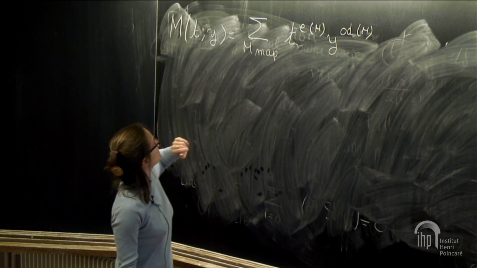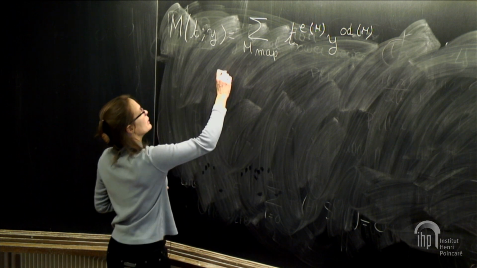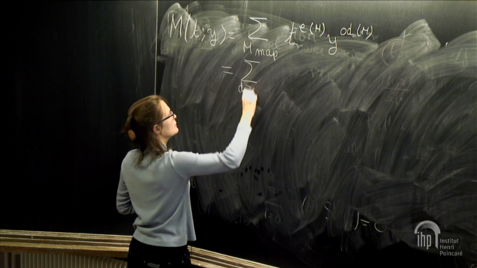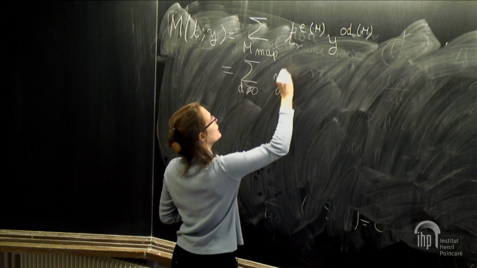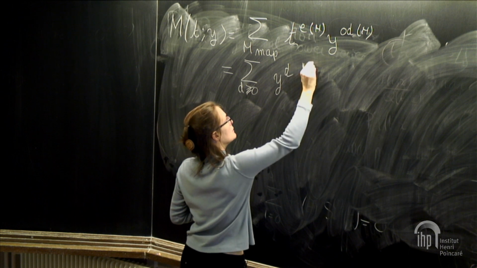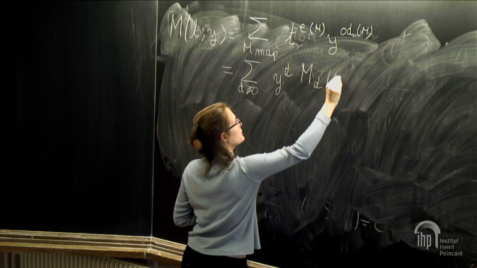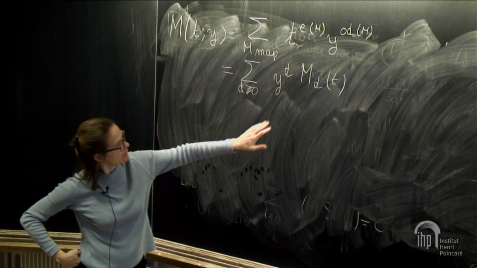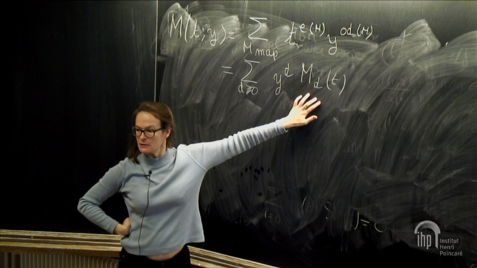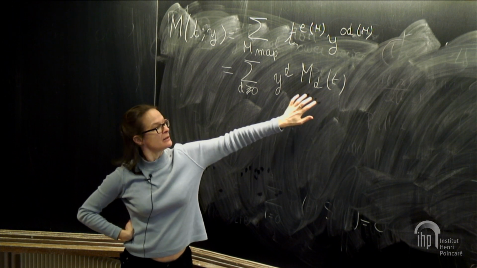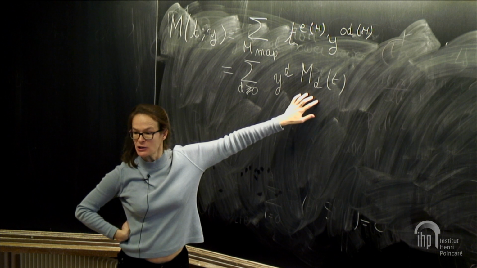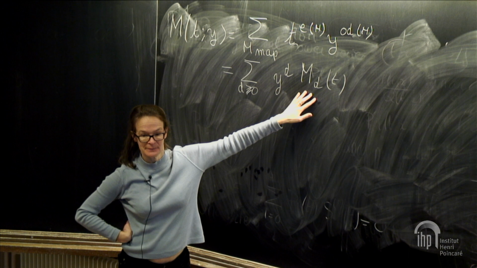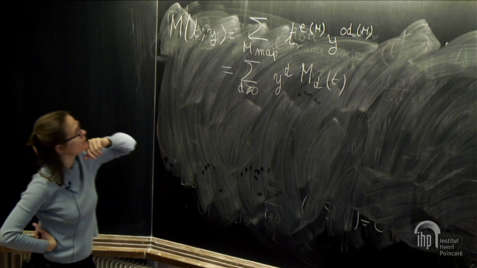And so I will need to consider for every D the coefficient of Y to the D in this series. You see this depends only on T. So this is the generating function of maps with outer degree D. Okay? So I just need the notation for this thing.